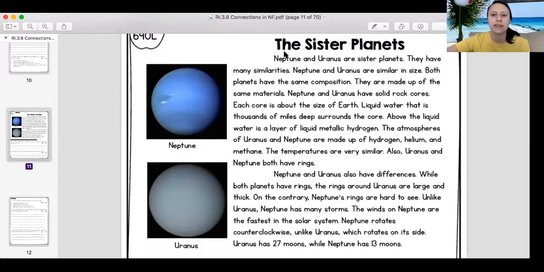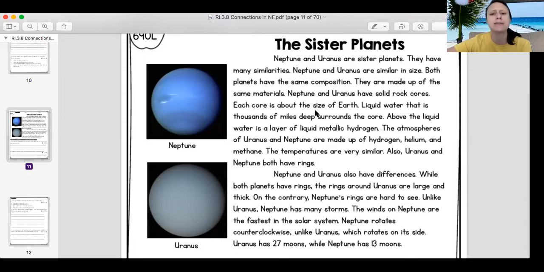It's called The Sister Planets. Neptune and Uranus are sister planets. They have many similarities. Neptune and Uranus are similar in size. Both planets have the same composition. They are made up of the same materials. Neptune and Uranus have solid rock cores.